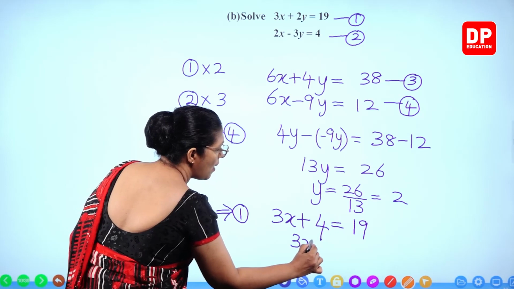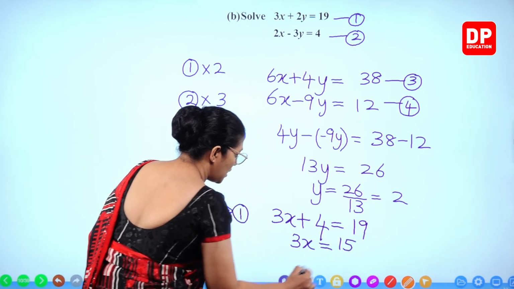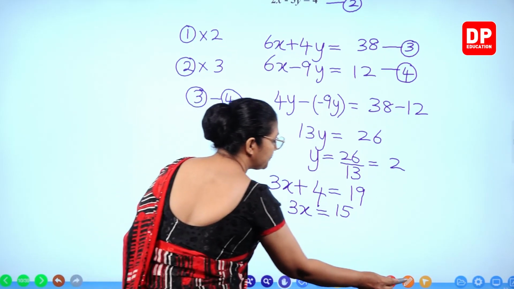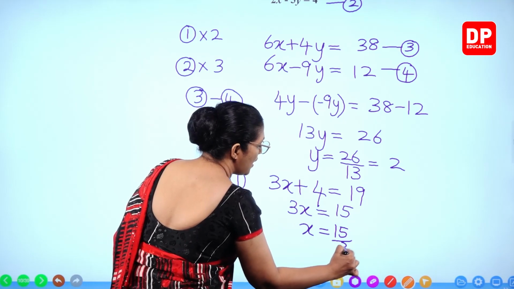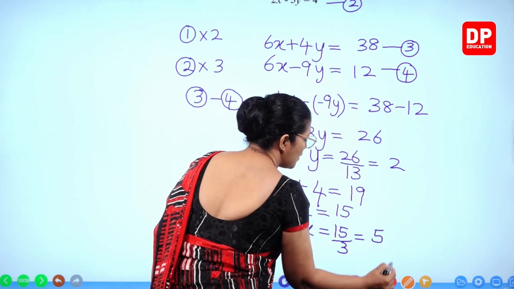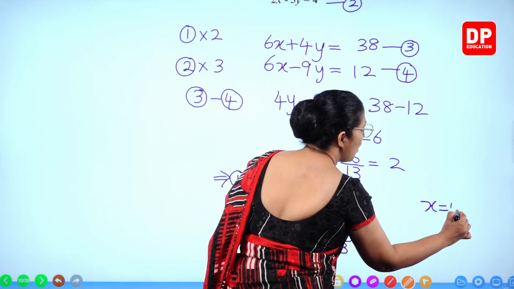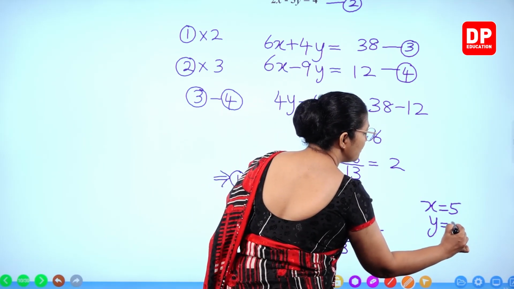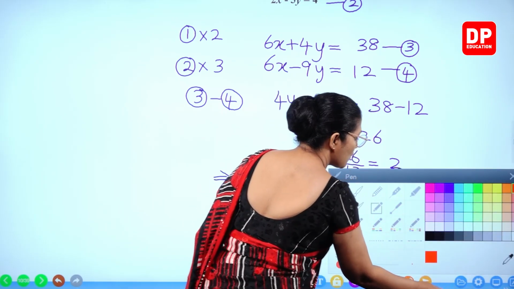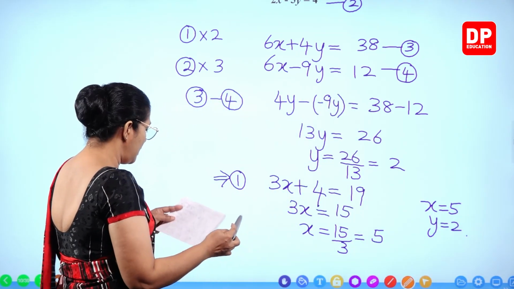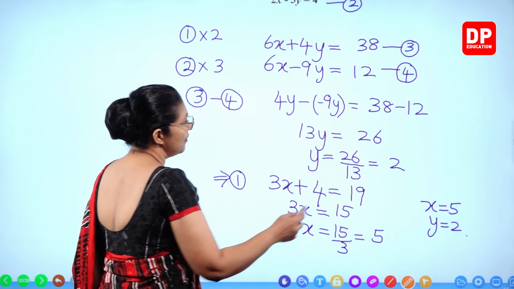Now 3x becomes 19 minus 4, that's 15. So divide by 3: x equals 15 divided by 3, that's 5. So x equals 5 and y equals 2. How many marks for this part? You are getting 4 marks.